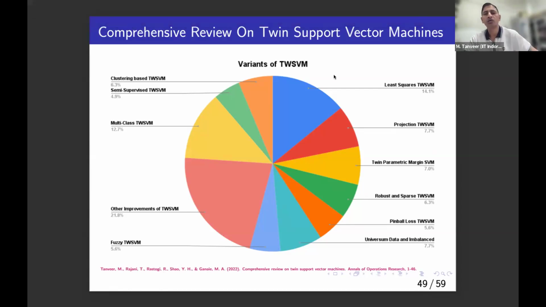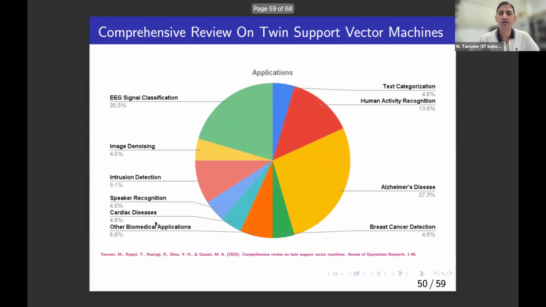You can see that people are working mostly on least square twin SVM, multi-class twin SVM, and several other improvements, including fuzzy, pinball loss, sparse version, tune parametric version, projection version, clustering based, semi-supervised, and it has been applied in several directions.